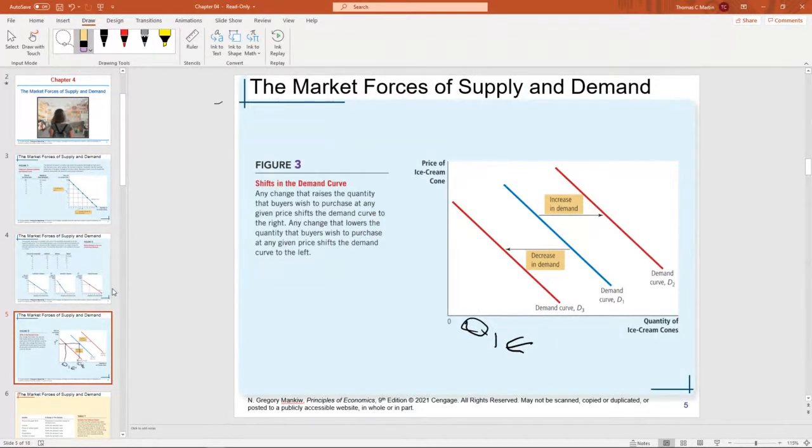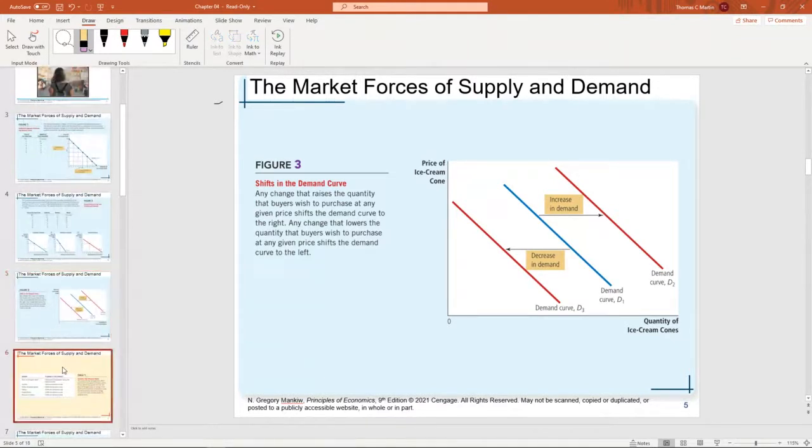Okay, if we have no questions on that, we're going to move on a little bit and look at what makes this curve move. Why would it move to the left or to the right? Okay, and that's the next one.